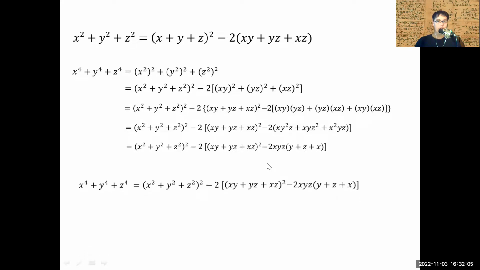I have actually expressed x to the power of 4, y to the power of 4, z to the power of 4 in terms of the following expression.